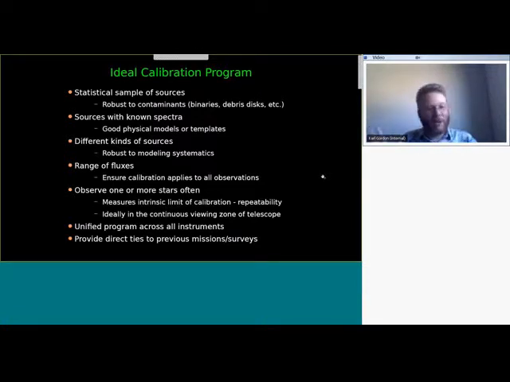There were similar programs and they were cross-checked, but the accuracy of the relative calibration is in general not as high as you could do if you just had the same set of sources. We definitely have to provide direct ties to previous missions and surveys so that we can make those multi-wavelength observations and investigations possible.